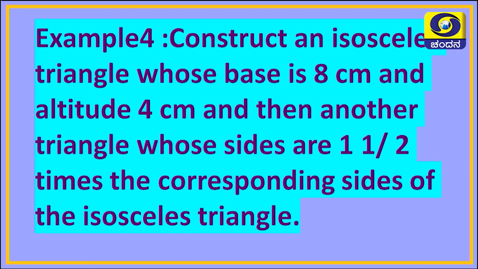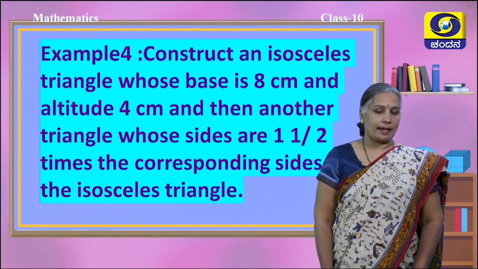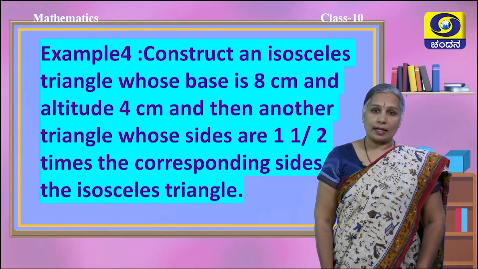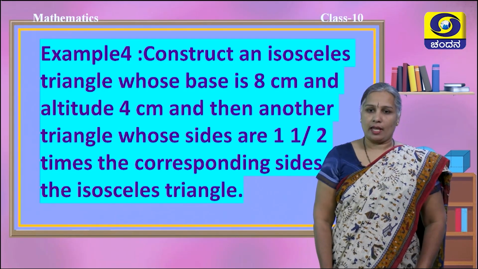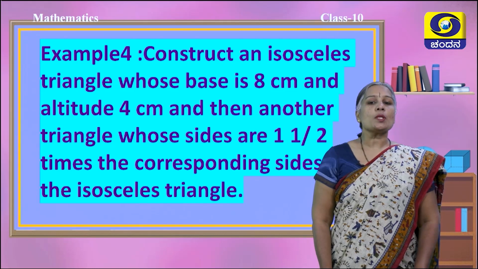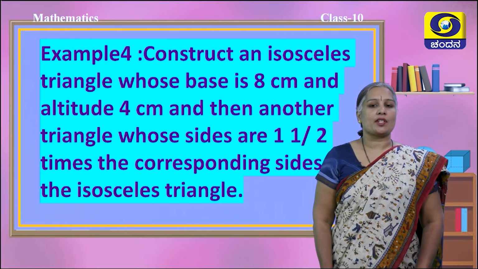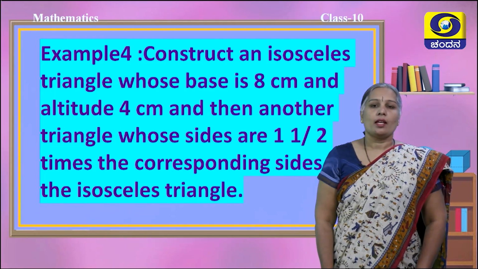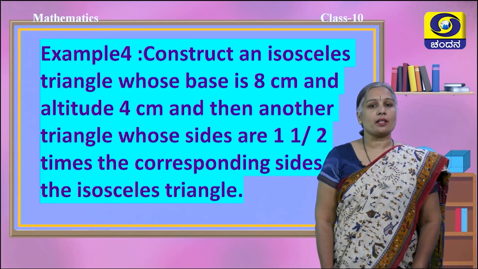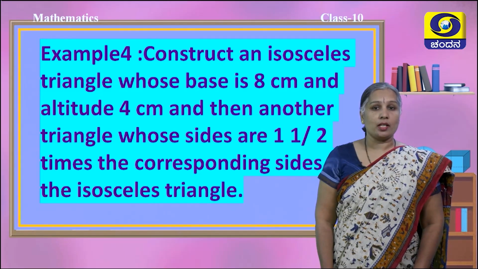It means you have to take base as 8 cm and its height as 4 cm. Then another triangle whose sides are 1.5 times the corresponding sides of the isosceles triangle. Here we have to construct a similar triangle using the scale factor 1.5.